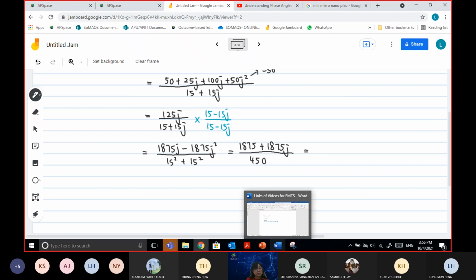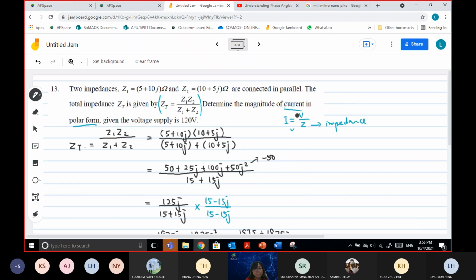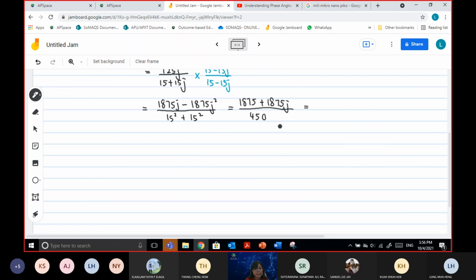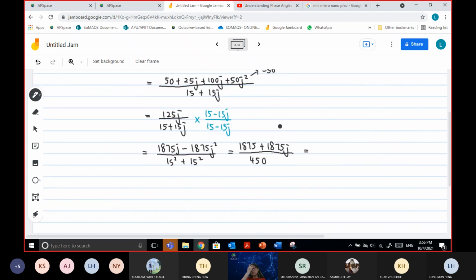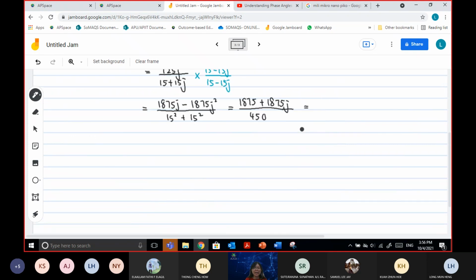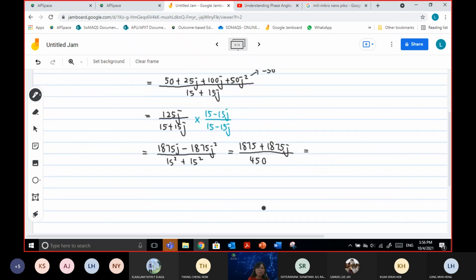Okay, so we need to write this into polar form because we need to go further for the calculation of the I. So 1875 divided by 450 is 4.17 plus 4.17J.